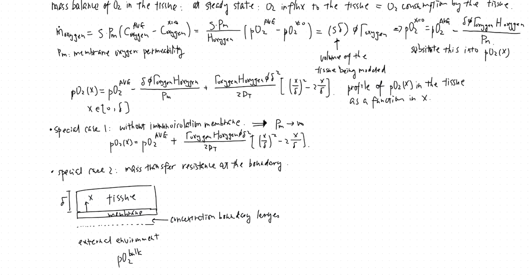This usually happens if you don't stir your environment. This is usually a fluid-like environment. If you stir it, it will be well mixed. If you don't stir it, it will develop a boundary layer. So it's usually due to the unstirred nutrient medium.